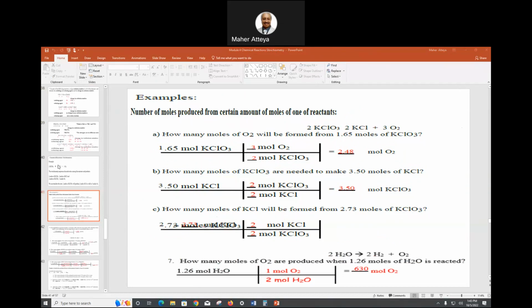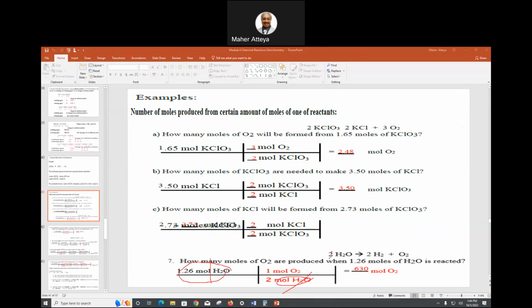Now let's look at this. I have here, guys, 2 moles of H2O giving you 2 moles of hydrogen and 1 mole of oxygen. How many moles of oxygen are produced when 1.6 moles of H2O react? You start with whatever is given to you. Then you look at the equation. Moles of H2O has to be underneath. Why? Because I have to cancel the units with the units of moles of H2O, correct?